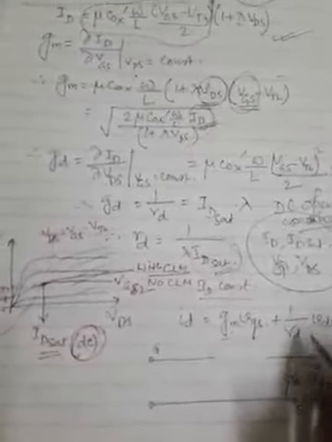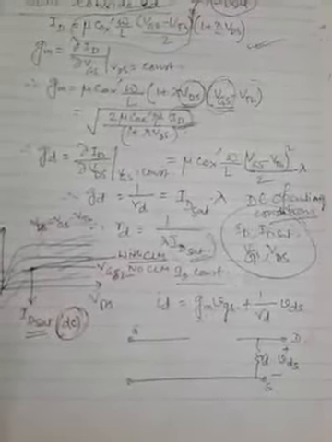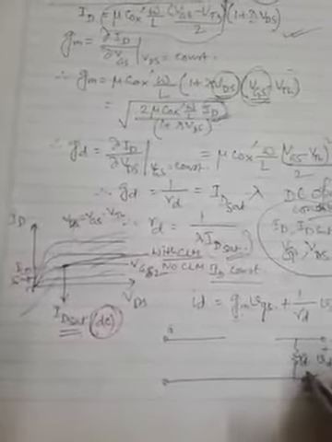And since this is 1 by RD, it is basically the conductance, and conductance is shown in an equivalent circuit with the help of a shunt connected resistance having value RD, which is the reciprocal of the conductance.